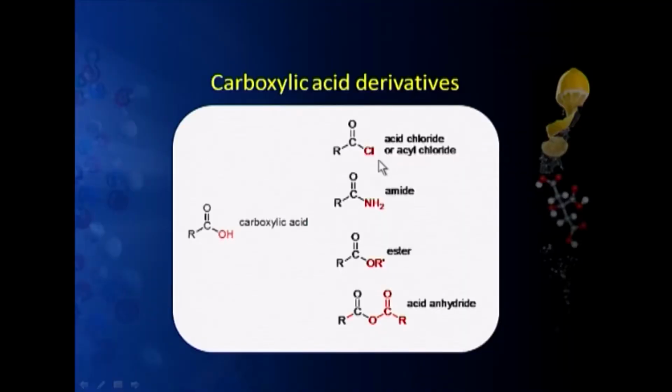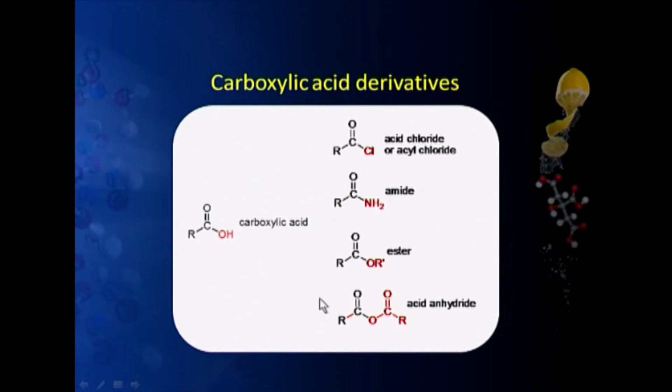We discussed their physical properties and we also discussed that these groups can be displaced and all these compounds undergo a class of reaction which is called nucleophilic acyl substitution.